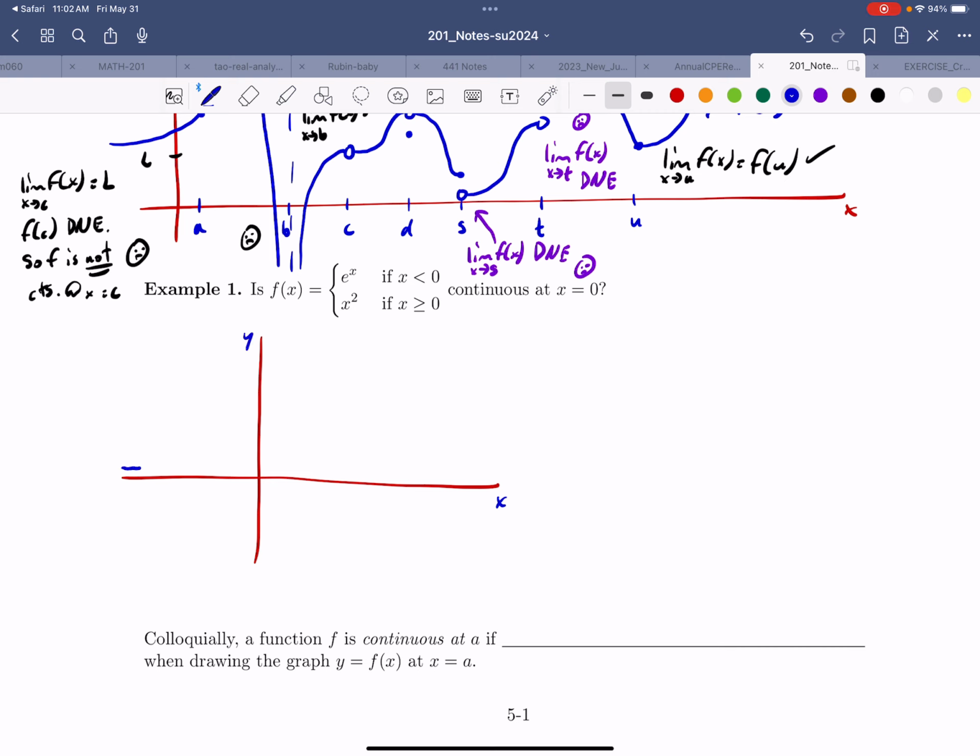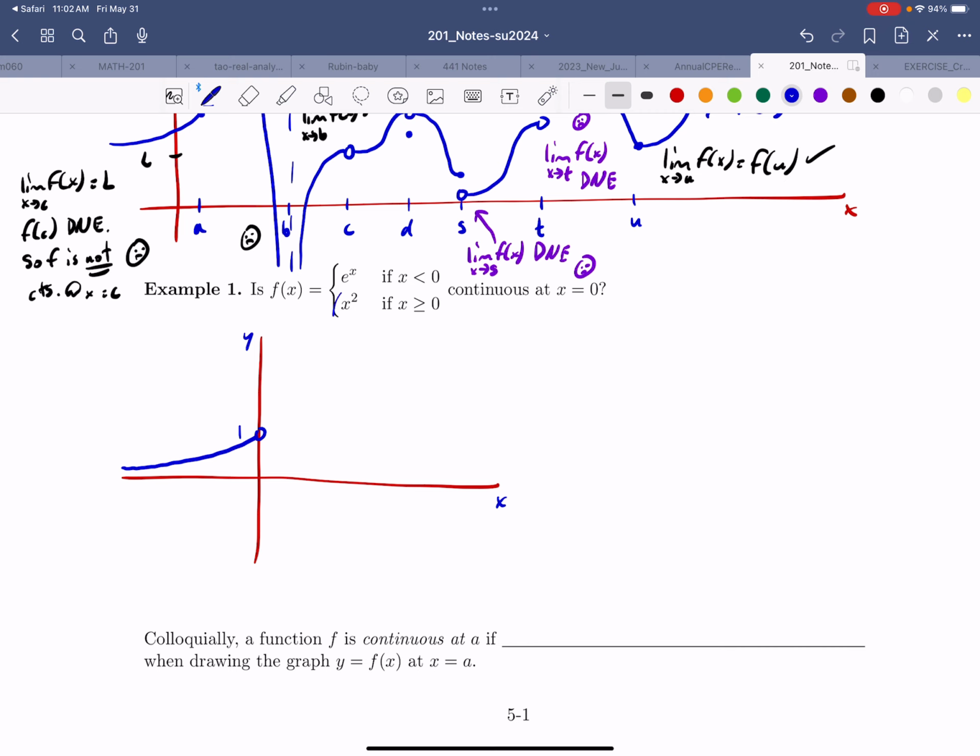Remember, exponential functions behave like this, and they would normally go like this. But because we stop at 0, and in fact it's not e to the x at 0, we write a little hole right there. And we should know that that value is 1, because anything to the 0th power is 1, even if it's a weird number like e.